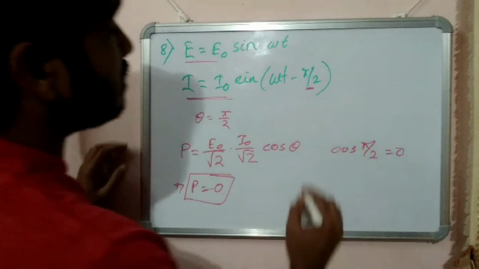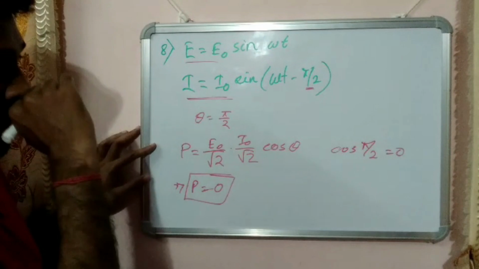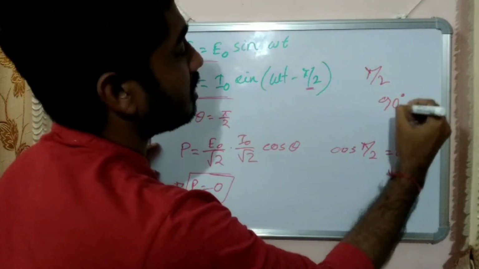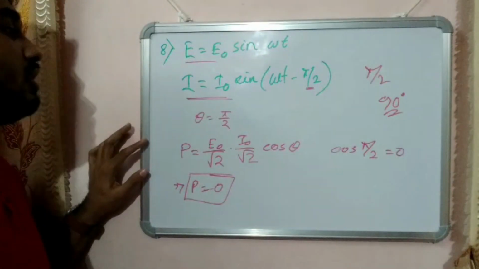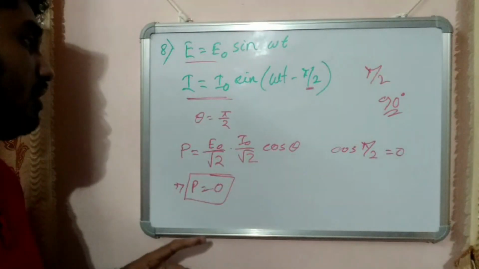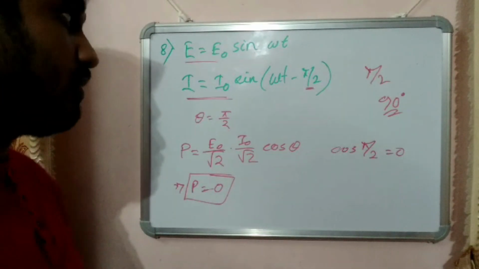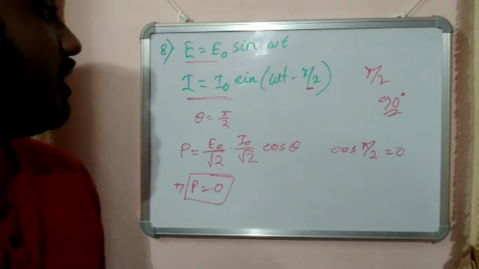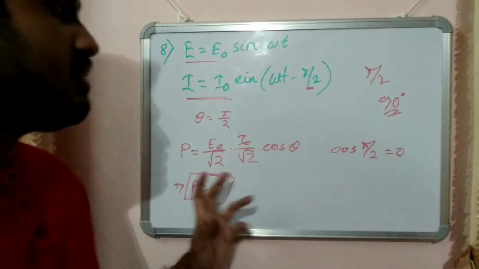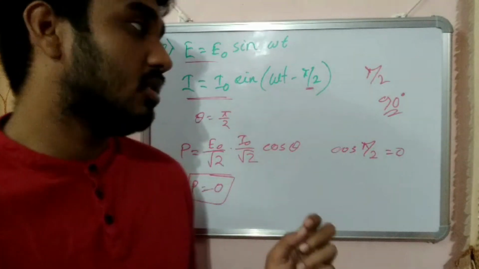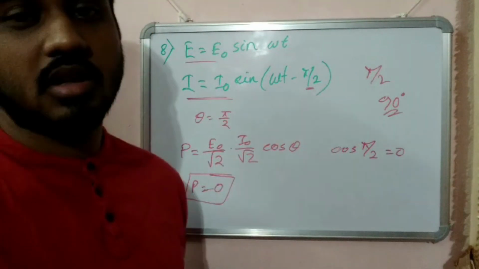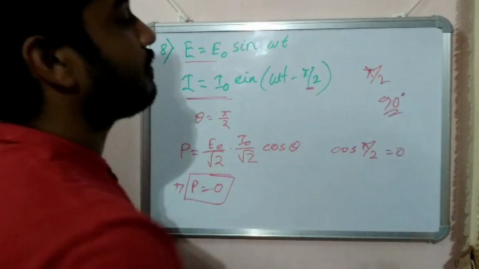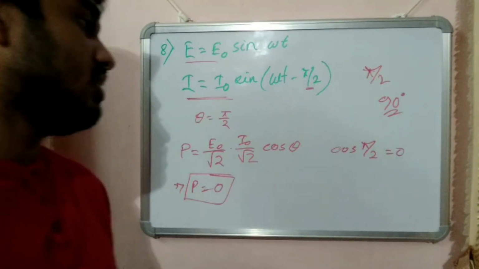There is a phase difference of pi by 2, or 90-degree phase difference, between the potential and the current, so the power must be 0. This is a conceptual question. You can easily use this concept in any tricky questions, apply this trick and easily answer the other questions.